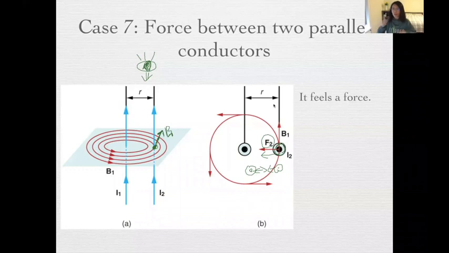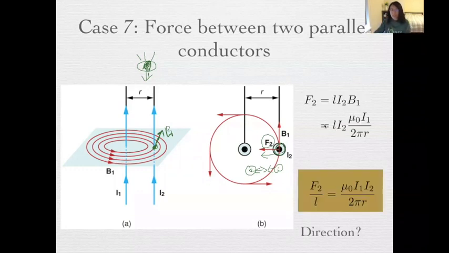So when you have two currents going the same direction, they will attract. And they will attract with a force which you also know already. The force is basically L, I, and B, where I is the current of the second wire, feeling the magnetic field created by the first wire.